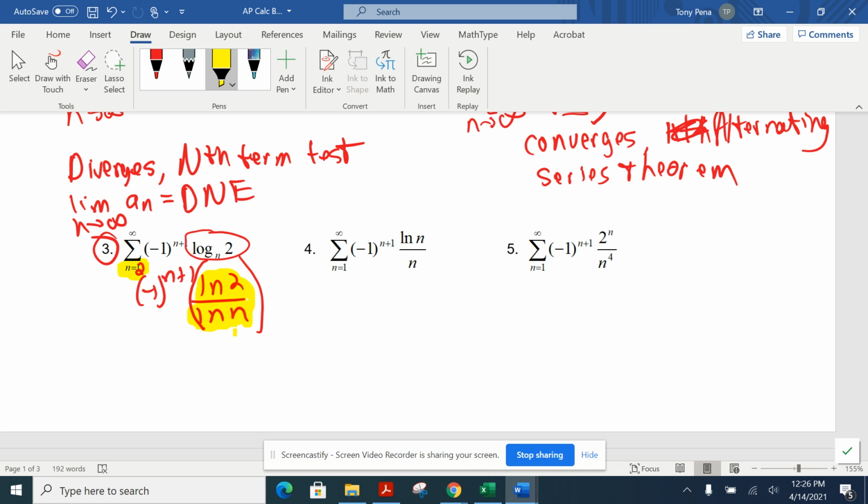That's about the only way that a logarithm could win, is if it's up against a constant that doesn't ever change in value. So the faster growing function is on the bottom, basically because the numerator doesn't grow at all. It's always the natural log of 2. So that does pass the nth term test. We've satisfied those two conditions for the alternating series theorem. So we just say converges, and then we write in alternating series theorem.